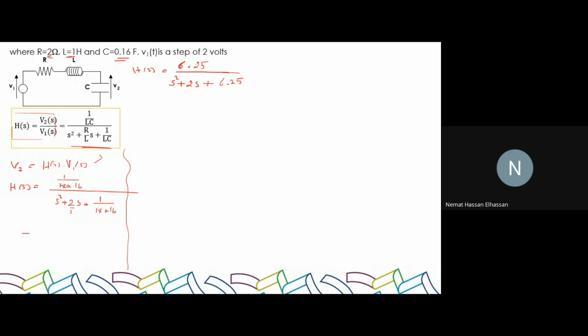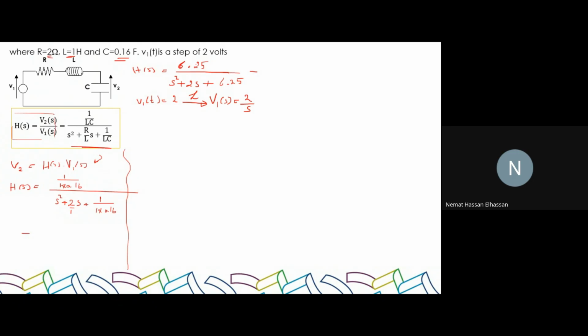Let's substitute this here, but we don't have V2 of S. We have V2 of T, right? And we don't have V1 of S, we have V1 of T. We're told that V1 of T is equal to 2. So we're going to use Laplace tables to find V1 of S, which will be equal to 2 over S. Okay?